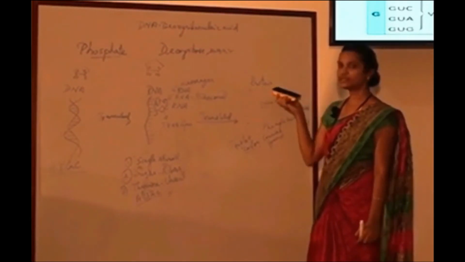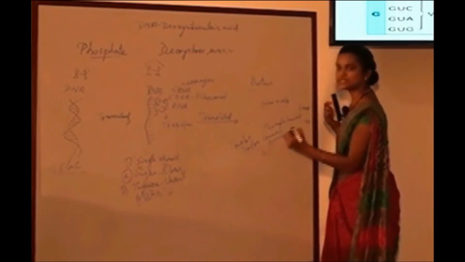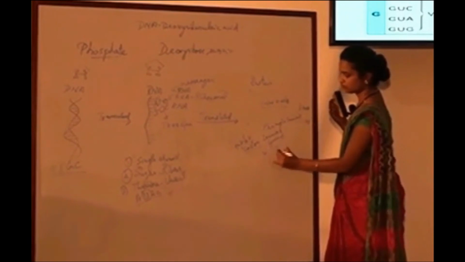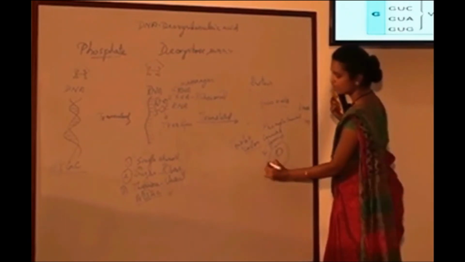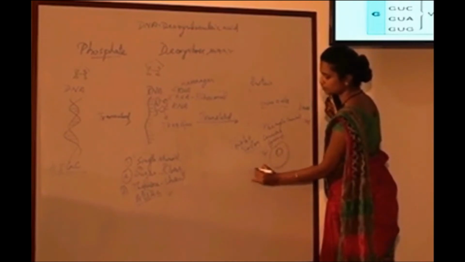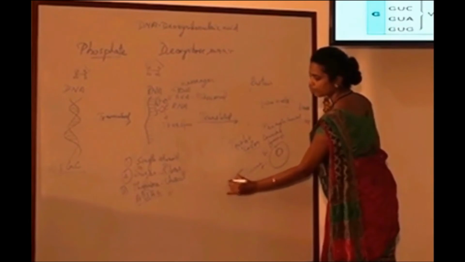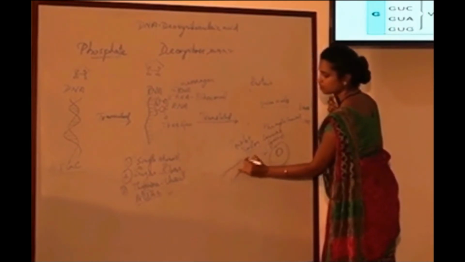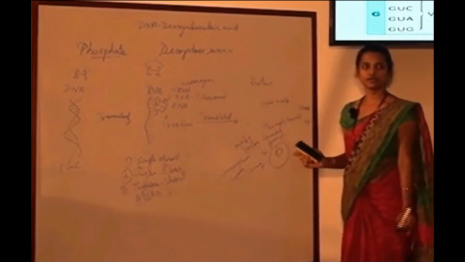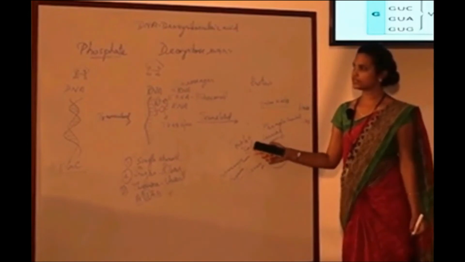Now coming to the functions of the protein, protein makes up all the cellular components of the cell, and cells make up the tissues, and tissues make up organs, and organs form the organ system. This is how proteins are converted to an organ system.